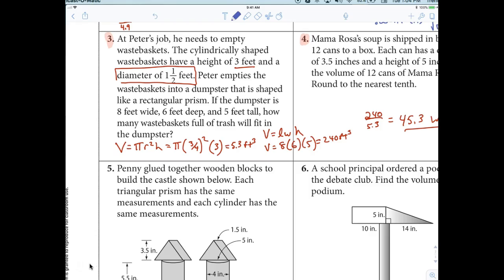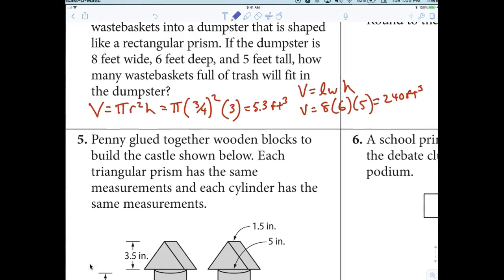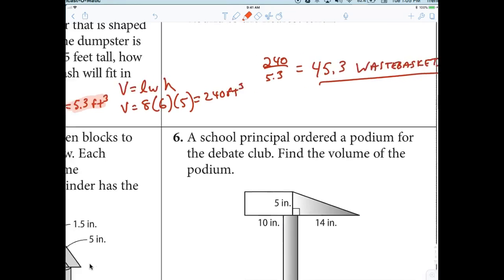And then I need to find the volume of the dumpster, and then just do what? Divide them, and that'll tell you how many. So the answer to that is 1.3. I think so, but let's take a look. Let's see. So your little trash can is 5.3 cubic feet, right? And now your big dumpster is what?